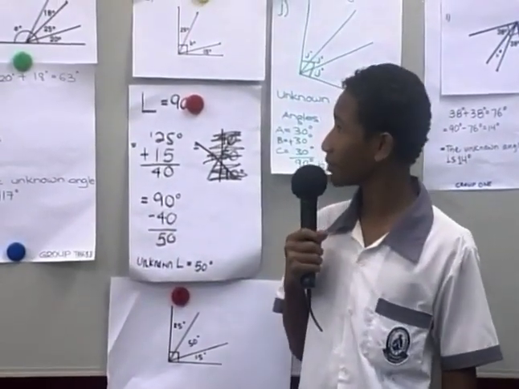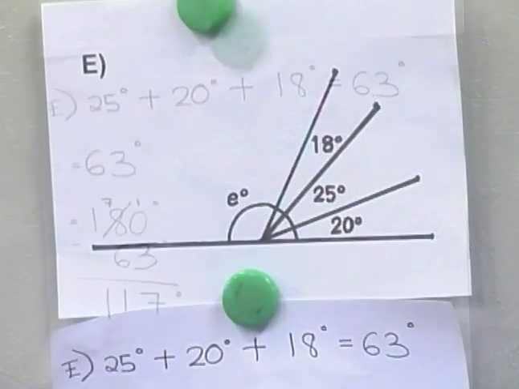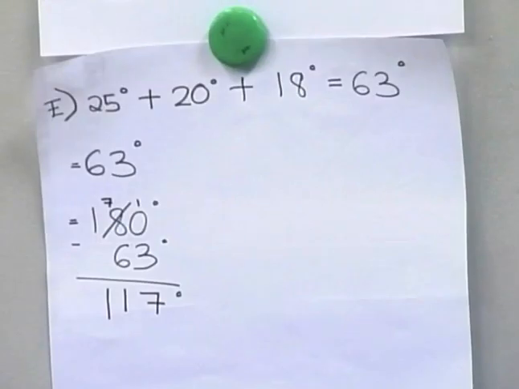We add up all the supplementary angles, which are 25 degrees plus 20 degrees plus 18 degrees, and we got 63 degrees. So we subtract 63 degrees from 180 degrees, which we got the answer 117 degrees. So the unknown angle is 117 degrees. Class, is it correct? Yes. Okay, very good.